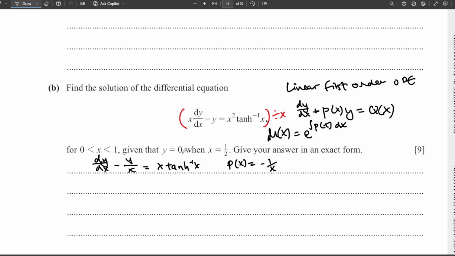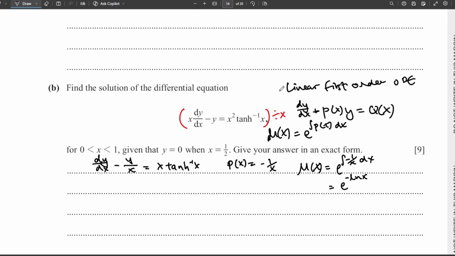Alright, and then we'll find our integrating factor. It will be e raised to the integral of negative 1 over x dx, which gives e to the power of negative natural log of x. Now, I do not include the arbitrary constant here because it's not needed.